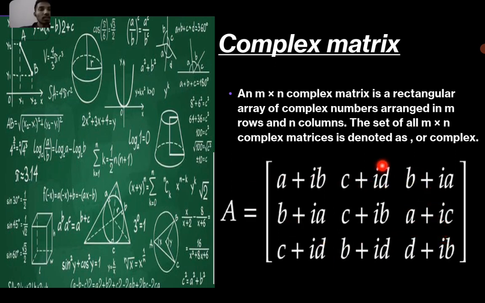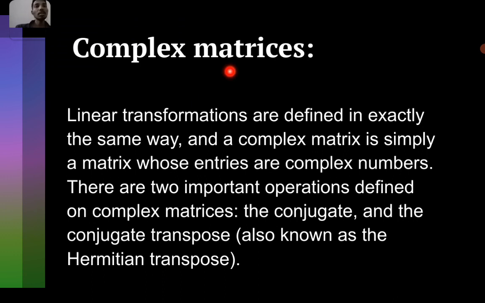This is the form of a complex matrix, where a is the real part and b is the imaginary part. Linear transformations are defined in exactly the same way, and a complex matrix is simply a matrix whose entries are complex numbers. There are two important operations defined on complex matrices: the conjugate and the conjugate transpose, also known as the Hermitian transpose.